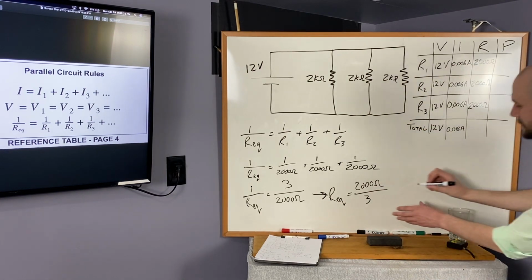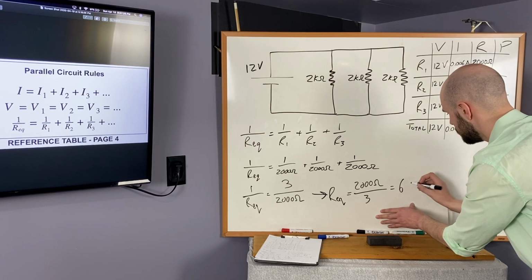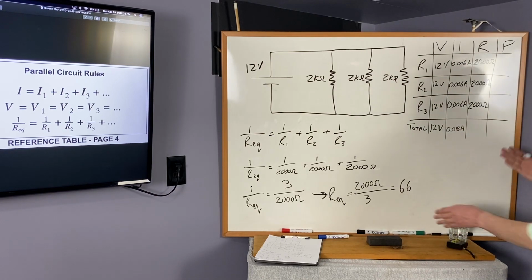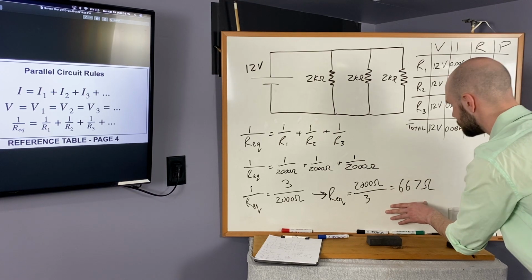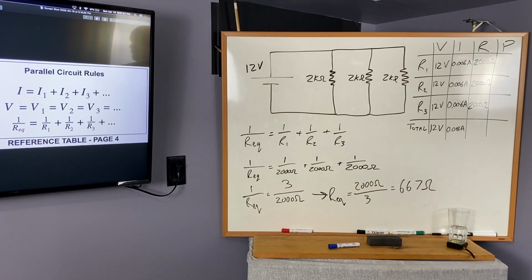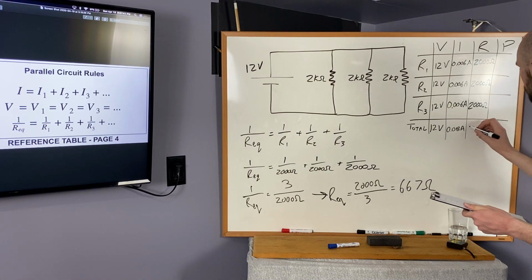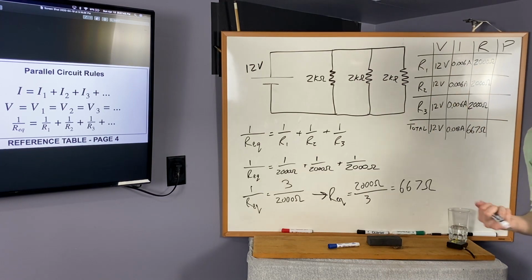And taking 2,000 divided by 3, you're going to see it's 666.66666 repeating. So I'm just going to call it 667. That's the total resistance of this connection. 667 ohms. Remember what I told you over at the TV?